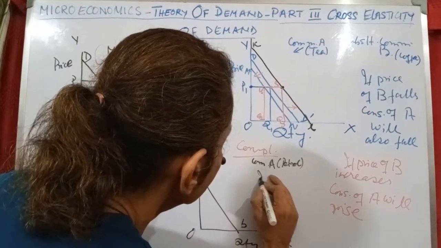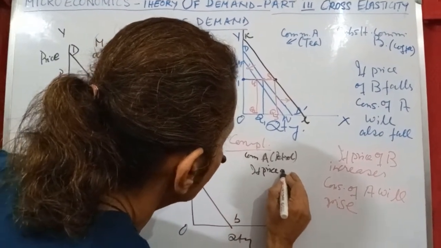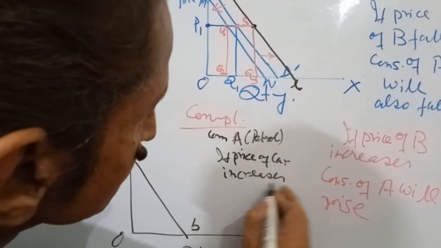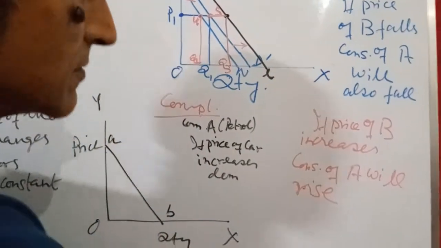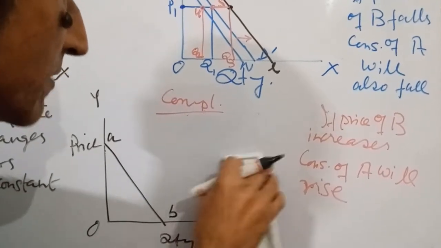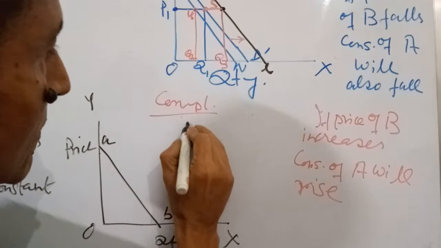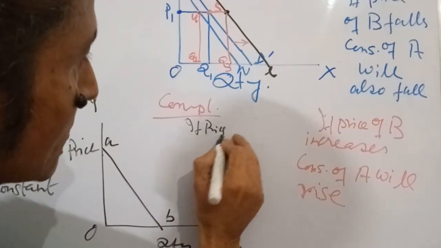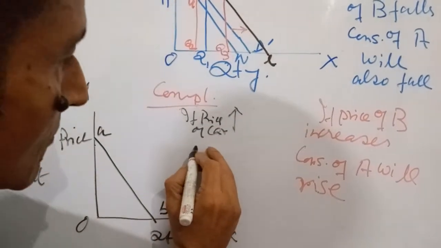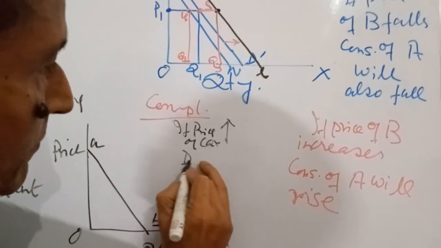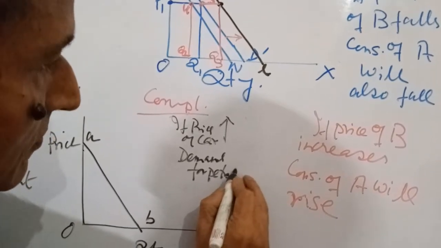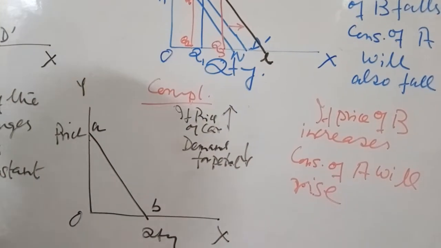So if price of car increases, demand for petrol will fall, because demand for car will fall.